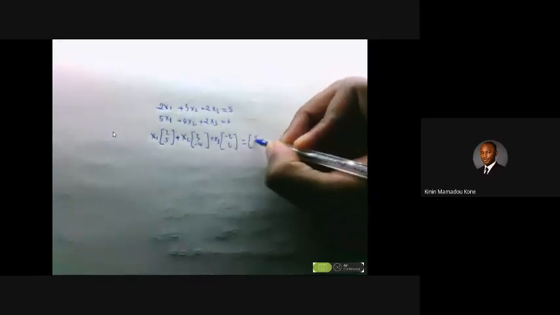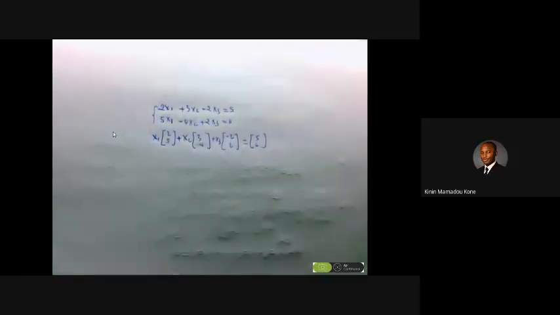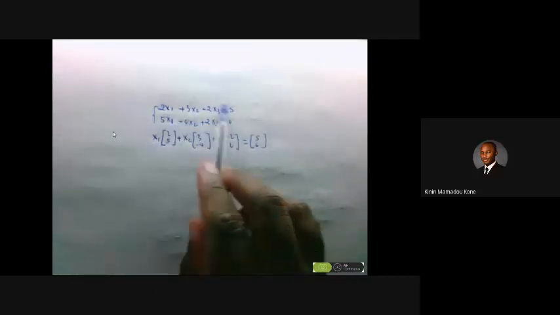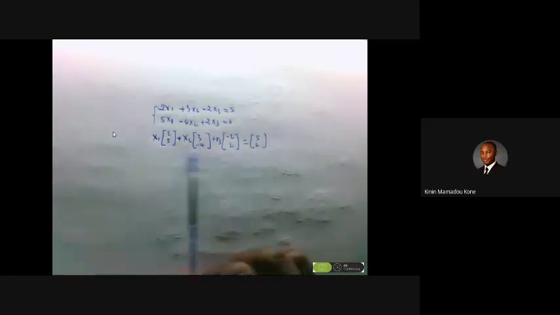I have my x sub 3, and I factor out my x sub 3 and copy the columns that I have. And that is equal to 5, 6. That's it. So we can represent this system in this form. This is another way of representing this system, in terms of a sum of column vectors.